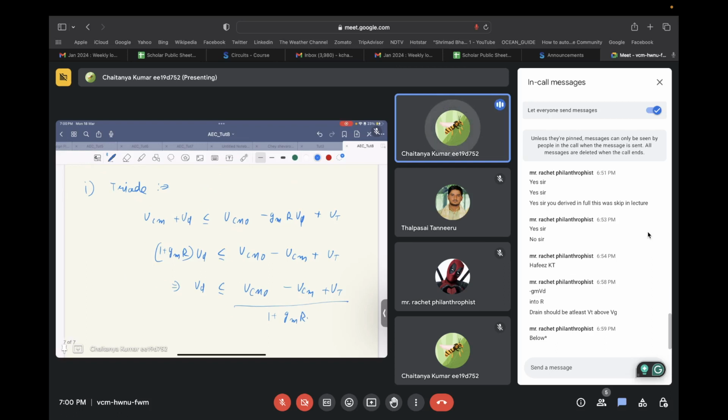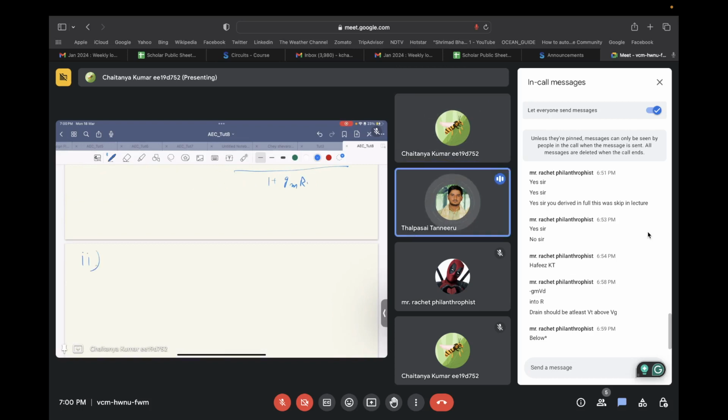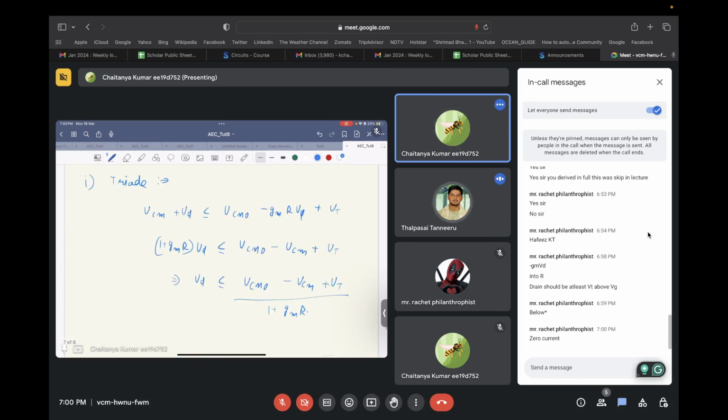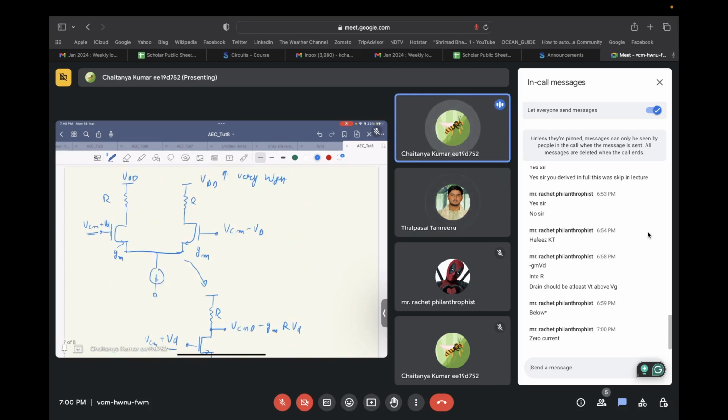Okay. And what is the condition for cutoff? Sir, the gate to source voltage should be greater than VTH. Correct. So basically, whatever current, let's say this current was I, that means I by 2 will flow in this and I by 2 will flow in this.